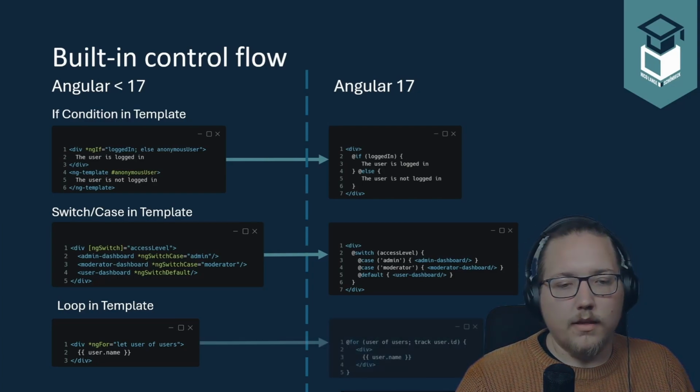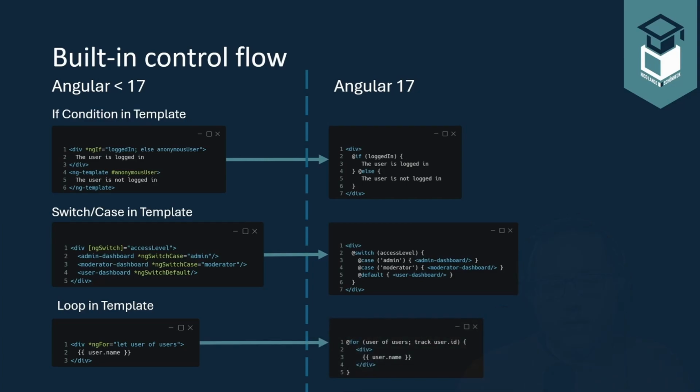Yeah. And what has changed now? They now have this @for, which means you now have, same as the other examples, the logic inside of these brackets. Here I extended the example a little bit with this track user.id.